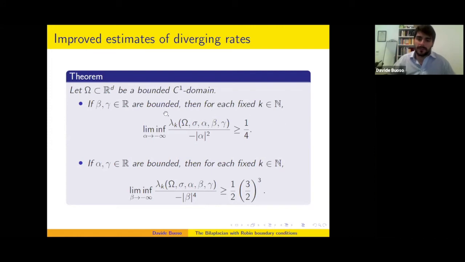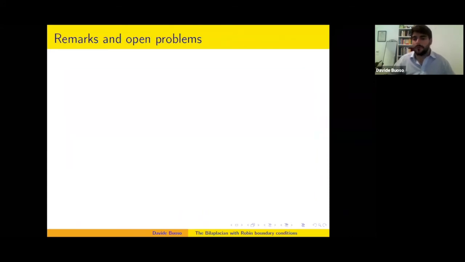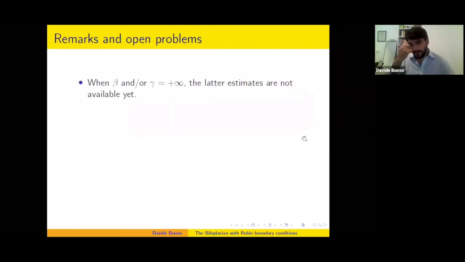Why is that? Well, because this result is obtained using test functions. So we devise test functions based on exponential type functions, and if you're in H2, you are completely free to choose the test functions you want, because you do not have any constraint on the boundary. But when beta is plus infinity, for instance, you are forced to take test functions which have normal derivative equal to 0.